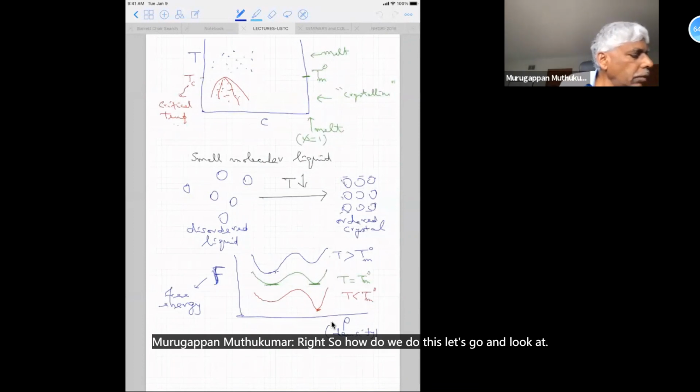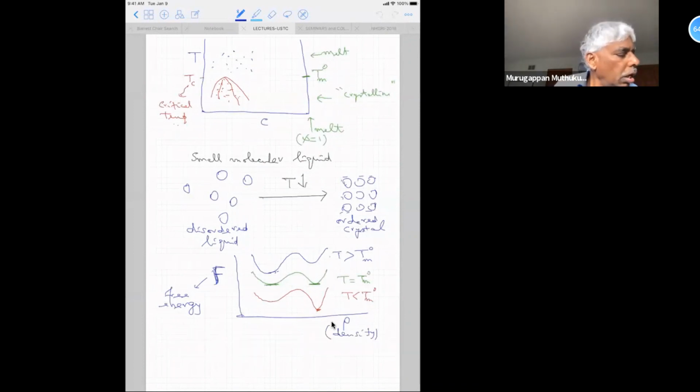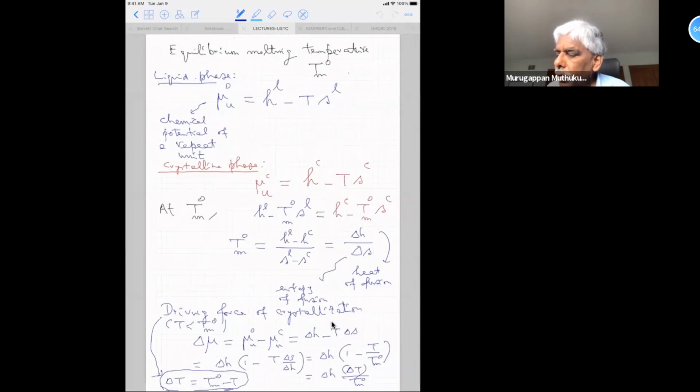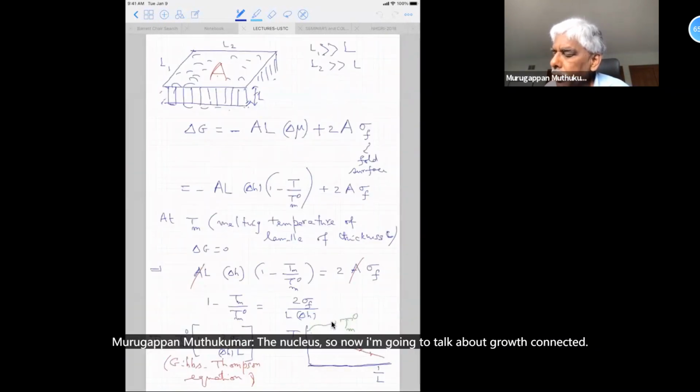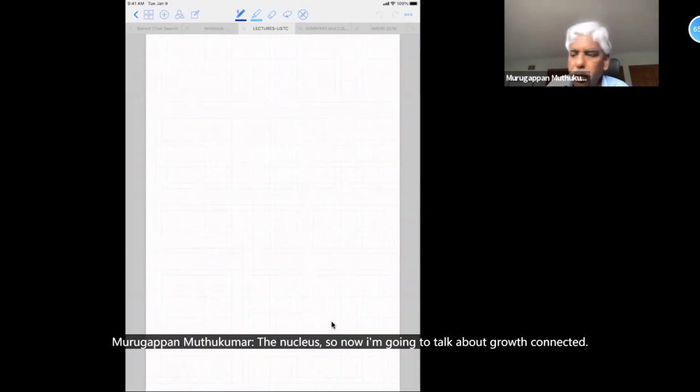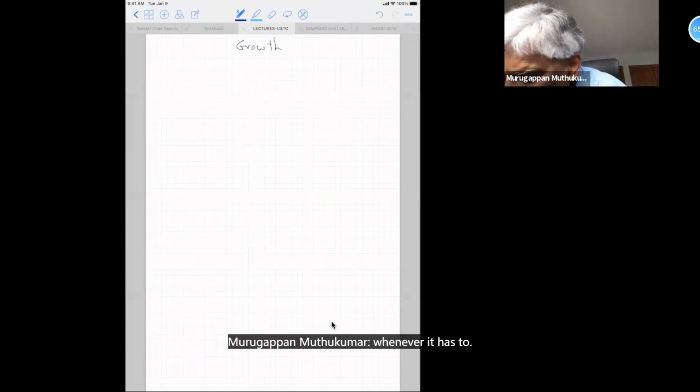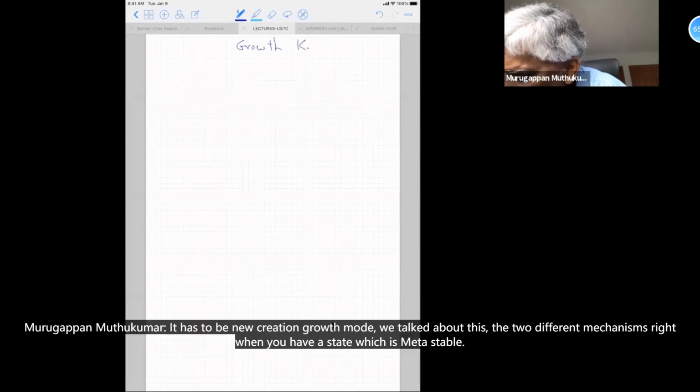Let's look at, for example, the free energy of the birth of a nucleus. Now I'm going to talk about growth kinetics. Whenever it has to pass through a barrier, it has to be nucleation and growth. Remember we talked about the two different mechanisms.